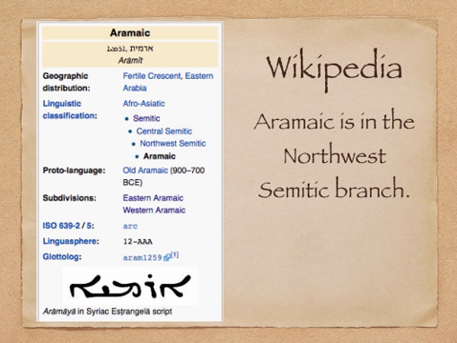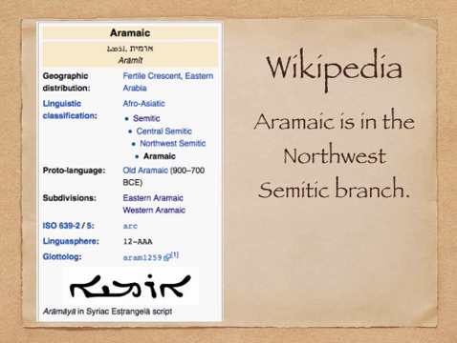But if you look at the subdivisions, it splits it into Eastern Aramaic and Western Aramaic. That's interesting. It says Aramaic as a whole is a Northwestern Semitic language, and the previous chart said it was a Western Semitic language. But now it's splitting up that Western language into an Eastern Aramaic and a Western Aramaic. That's an interesting point in and of itself.